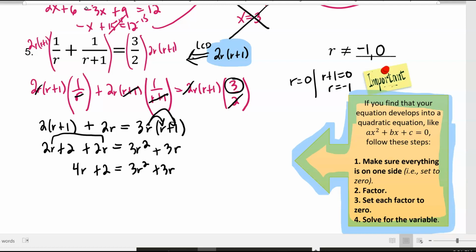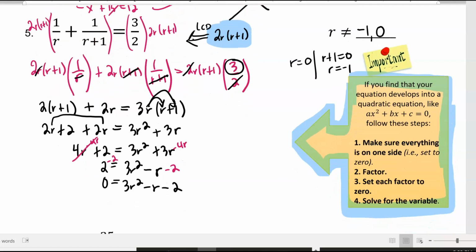Since this is our leading coefficient here, is already positive and is already on the right side, I'm going to move everything to the right side. So we will subtract 4r first. That cancels. We have 2 equals 3r squared minus 1r. And then let's move that 2 by subtracting it as well. So that 0 equals 3r squared minus r minus 2.